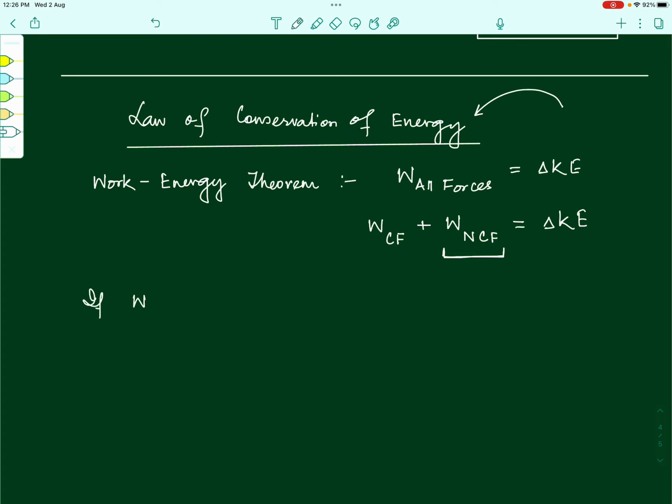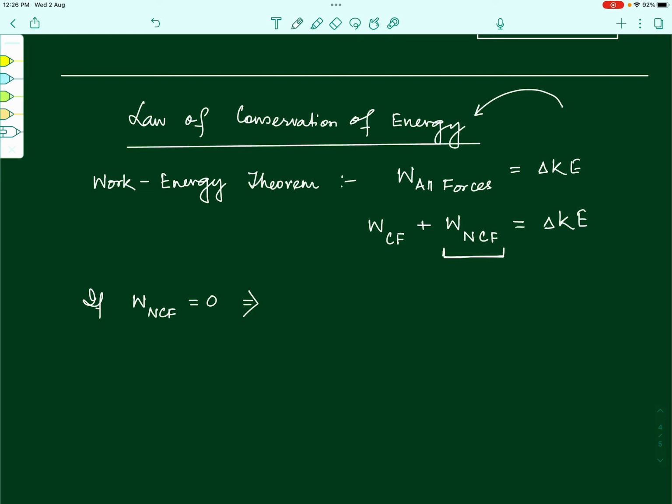If work done by non-conservative forces is 0, what does that mean? That means that no force which is non-conservative in nature, like friction, air drag, viscous force, none of them are doing work on the system. They might act on the system, but they should not do work on the system.